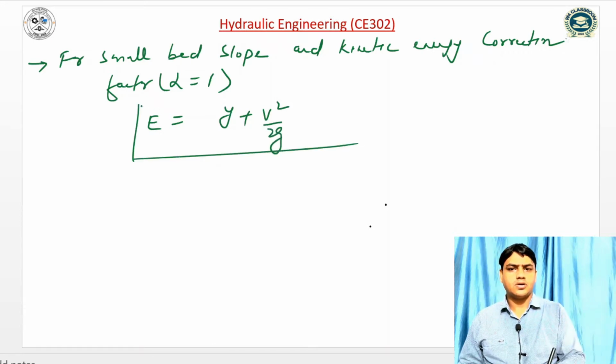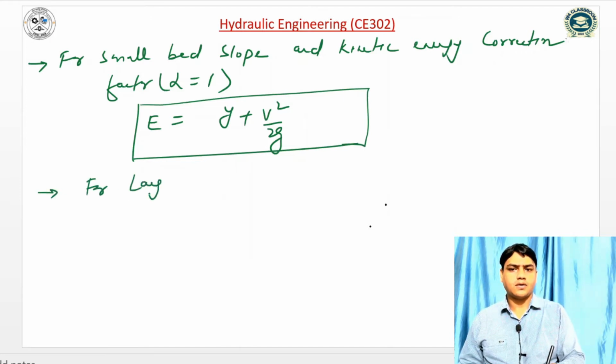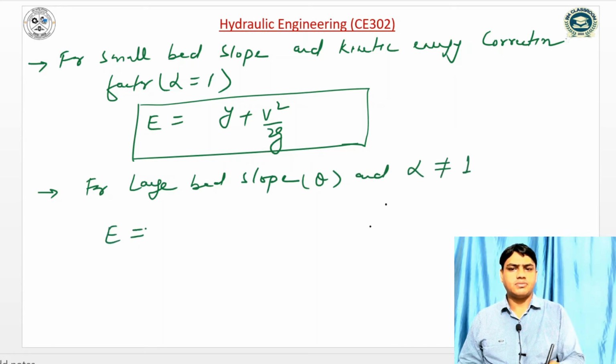For large value of bed slope and kinetic energy correction factor not unity, specific energy can be written as Y cos theta plus alpha into V square by 2G.